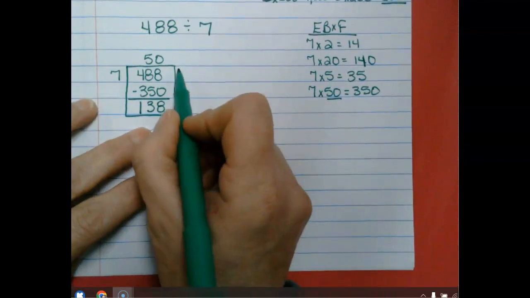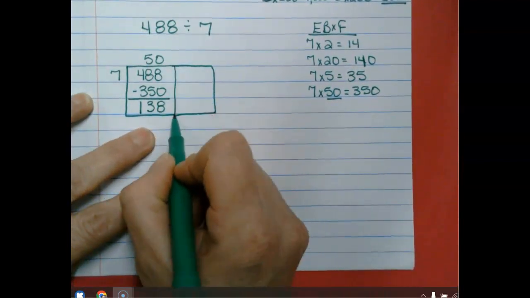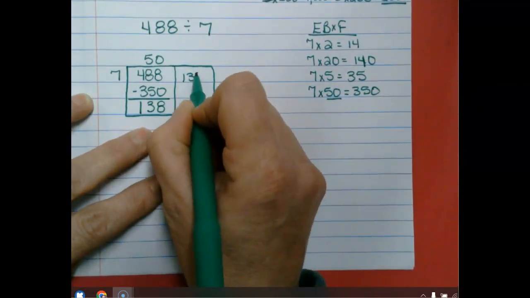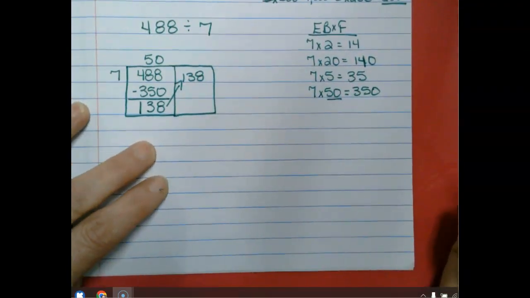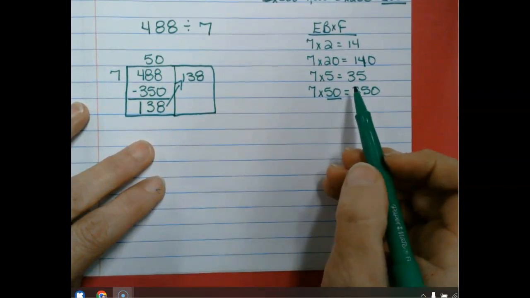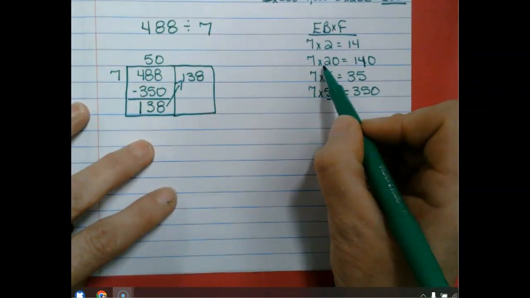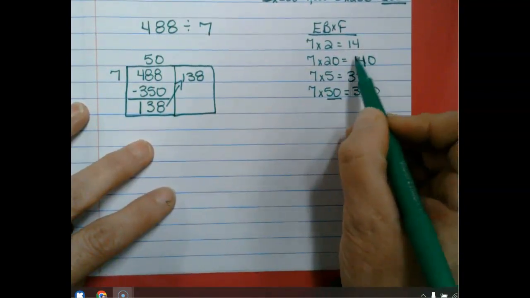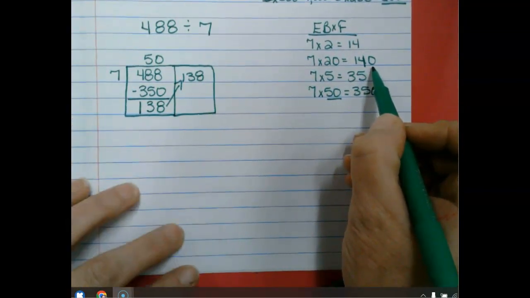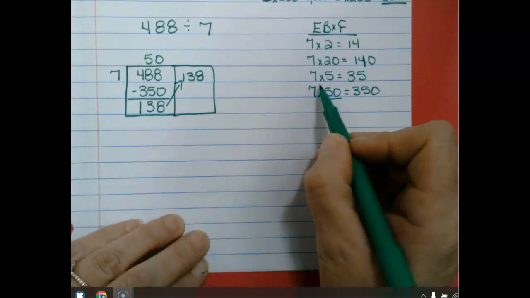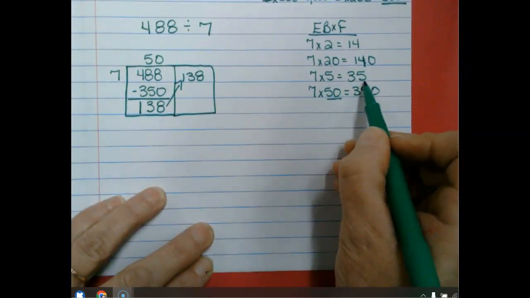All right, now I'm going to have to bring over my 138 and make a new area model because I have a new dividend, 138. Now, looking over here, I see that 7 times 20 is 140. Well, that was too much. And I see that 7 times 5 is only 35.